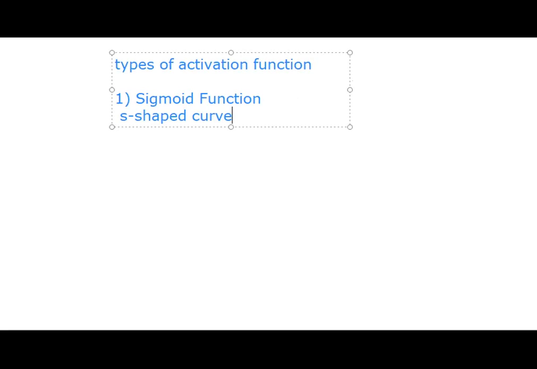It is defined as a strictly increasing function that exhibits a graceful balance between linear and non-linear behavior. So it's an important point. Why is a sigmoid function generally preferred as an activation function?